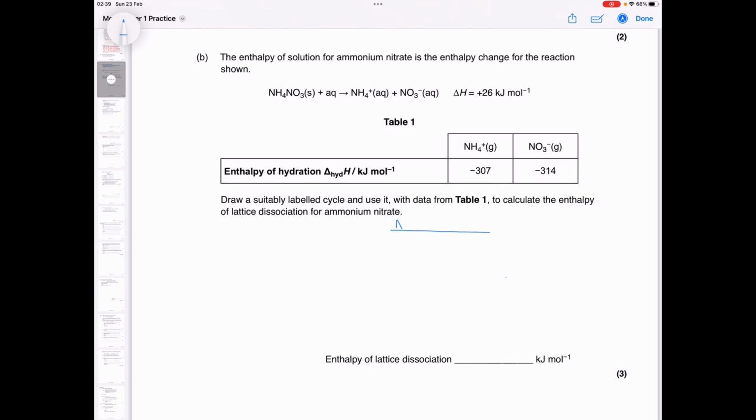I'm going to start with gaseous ions and end with the solid ammonium nitrate. Dissolving that is plus 26, so that's going to be just up here: NH4+ aqueous plus NO3- aqueous.